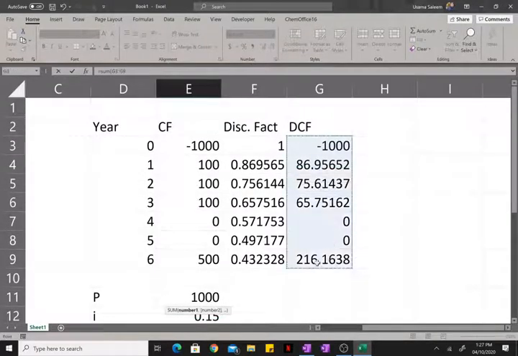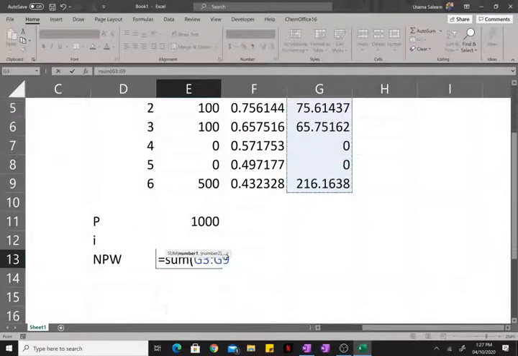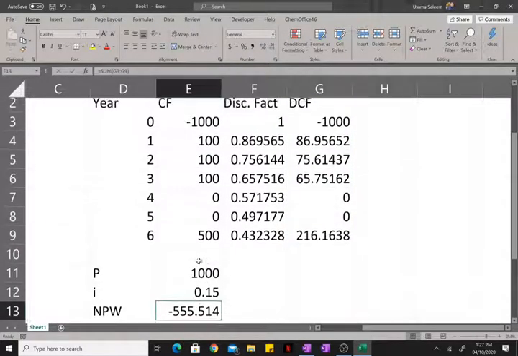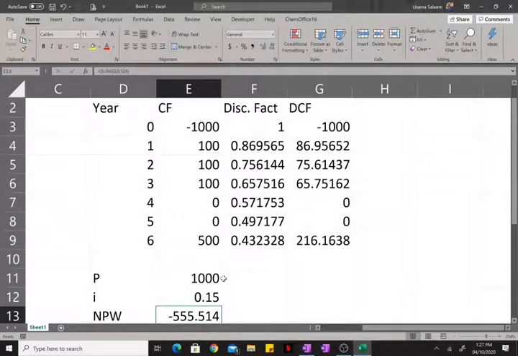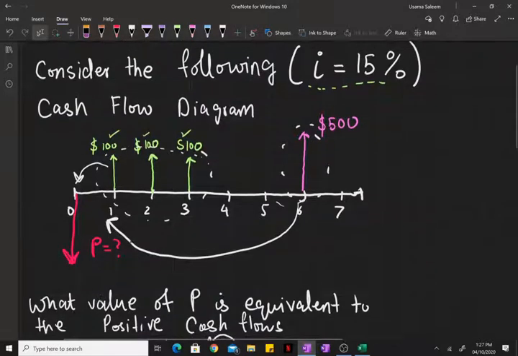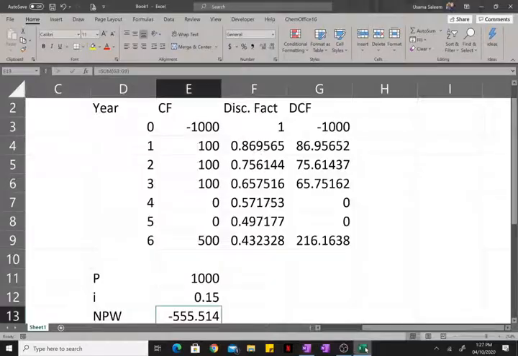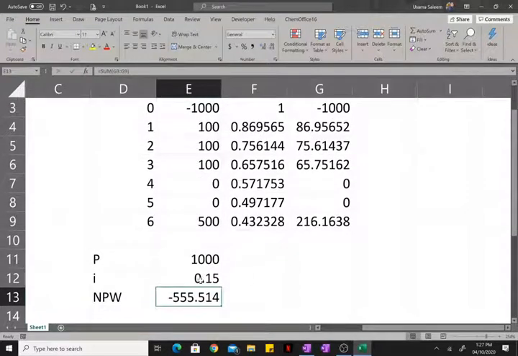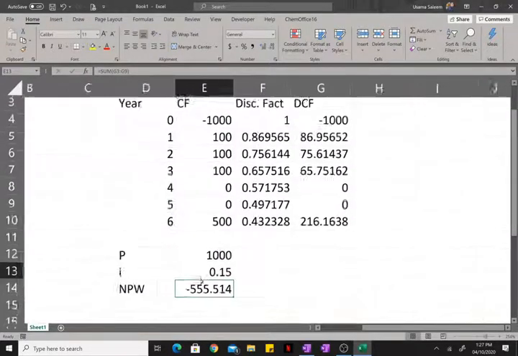All right, so this is the discounted cash flow array that I've selected here. Now in order for the P value at year 0 to be equivalent to all these cash flows, the net present worth, the sum of all these discounted cash flows, must be equal to 0.